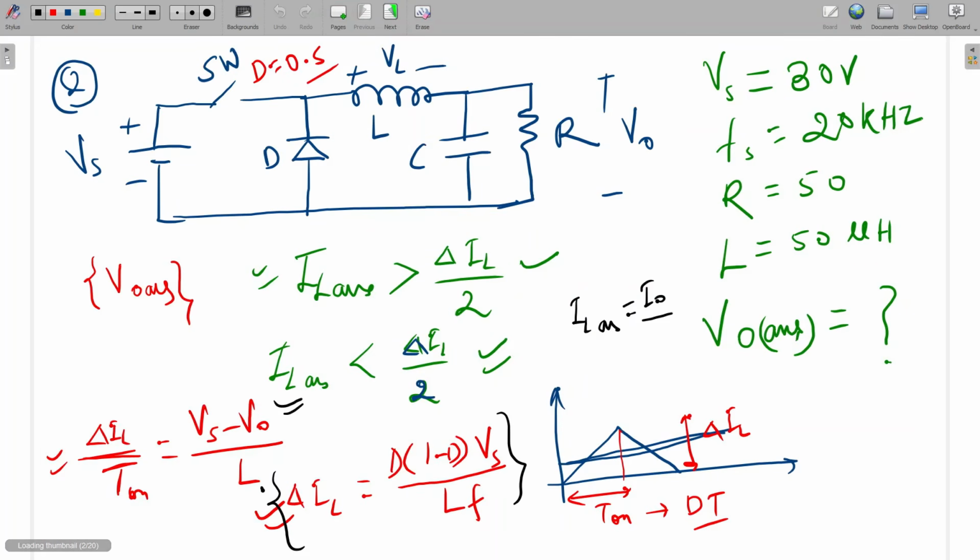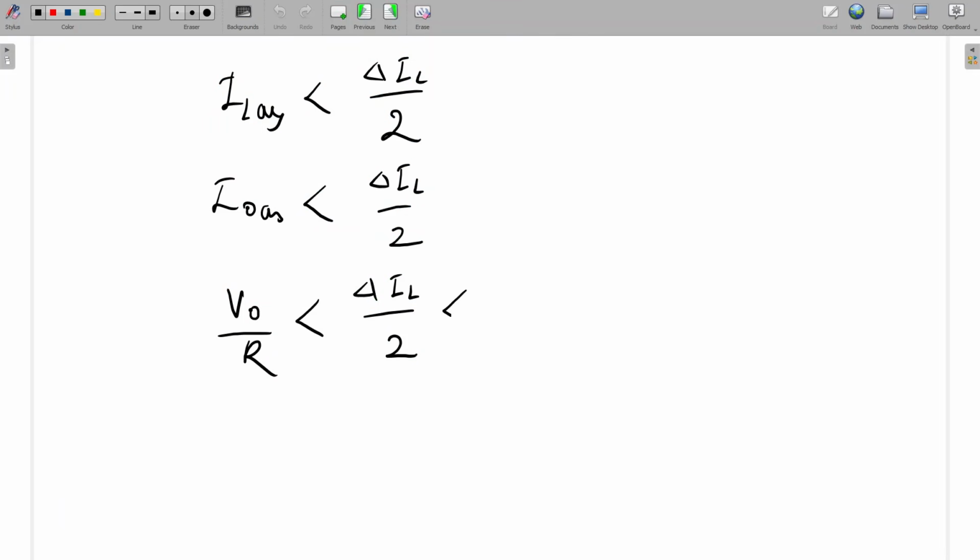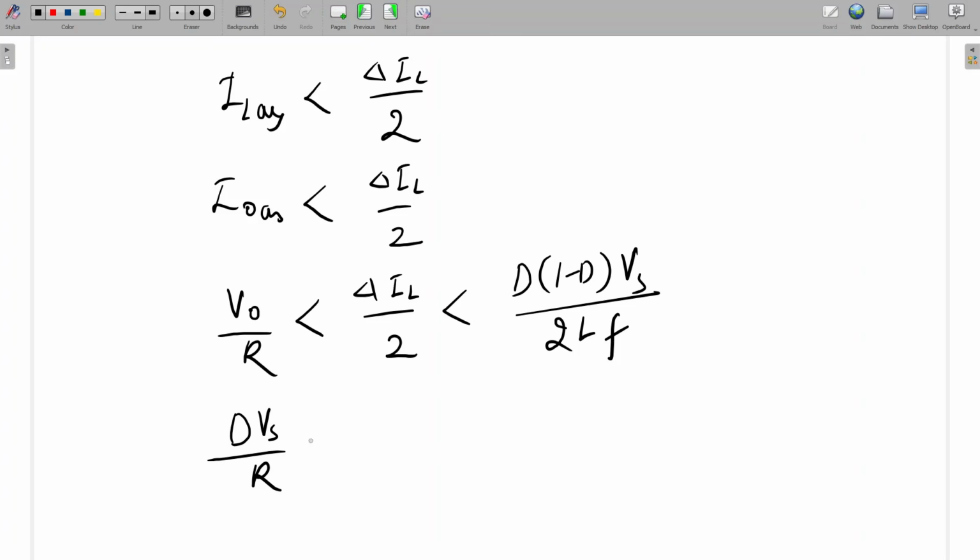And delta IL I already wrote as D into 1 minus D Vs divided by LF. So it will be less than D into 1 minus D Vs divided by 2LF. And further we can add VO is equal to dVs. So dVs divided by R should be less than D into 1 minus D Vs by 2LF. So D will be cancelled.